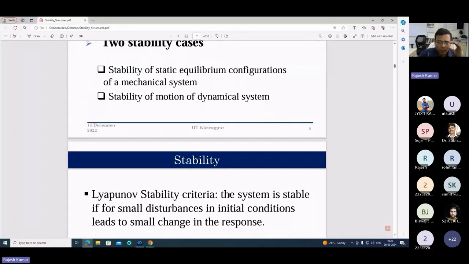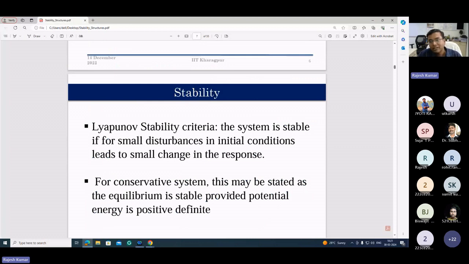So according to the Lyapunov stability criteria, a system is stable if a small disturbance in initial conditions leads to a small change in the response. The system is stable if and only if you give a small disturbance in initial conditions and a small change takes place in the response, either in stresses or deformations, anything.